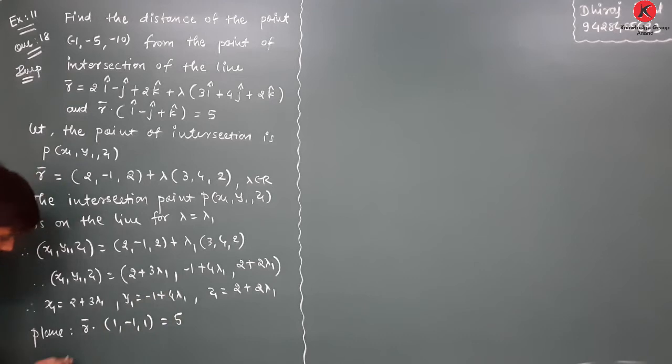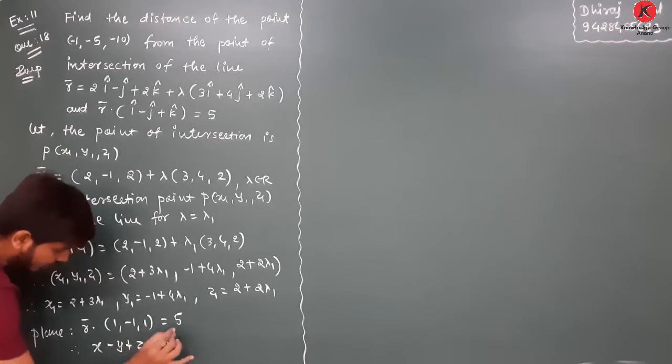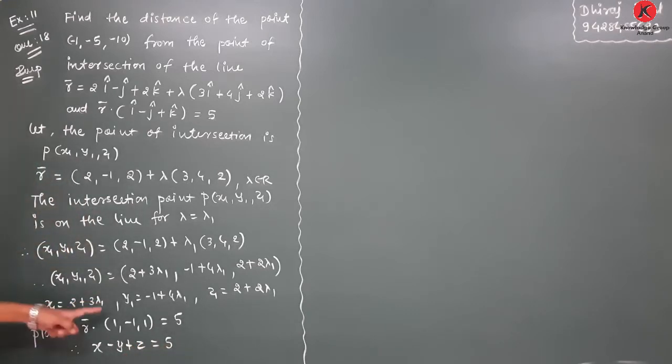If I write it in Cartesian form, it is x minus y plus z equals 5. A point P (x1, y1, z1) is on the plane also.